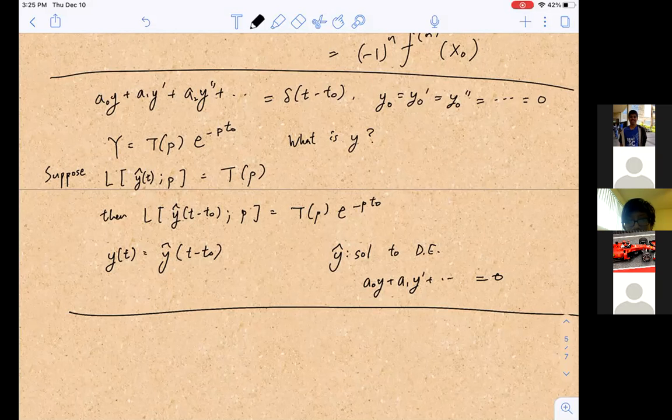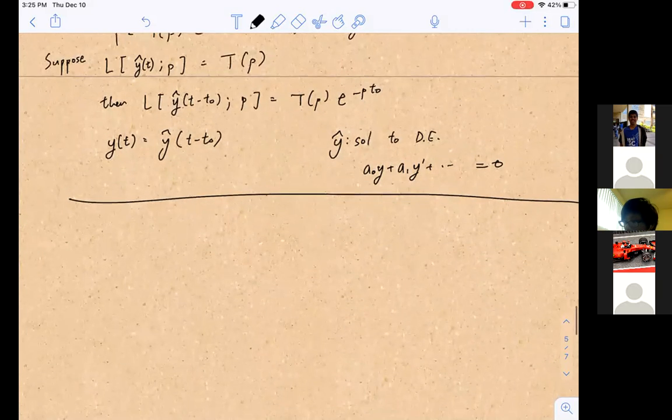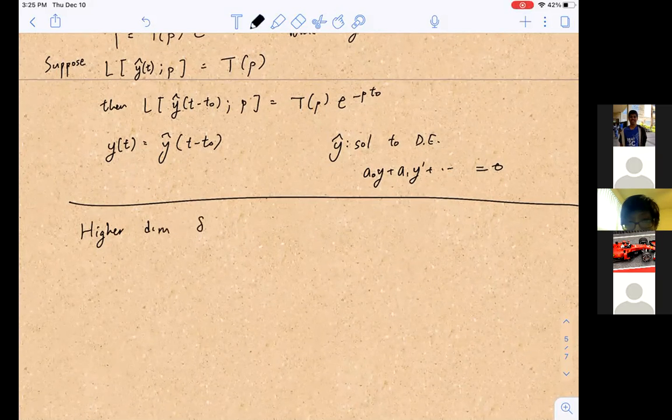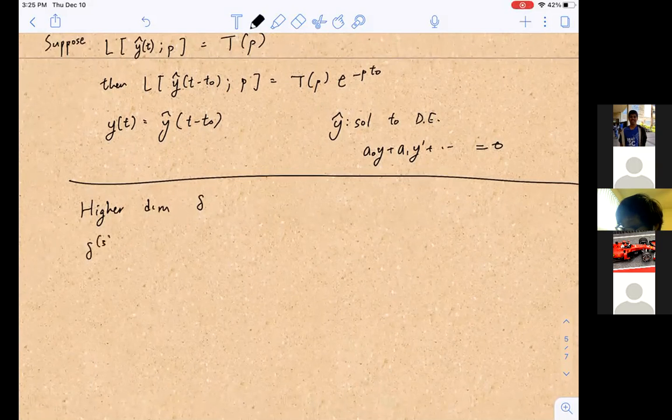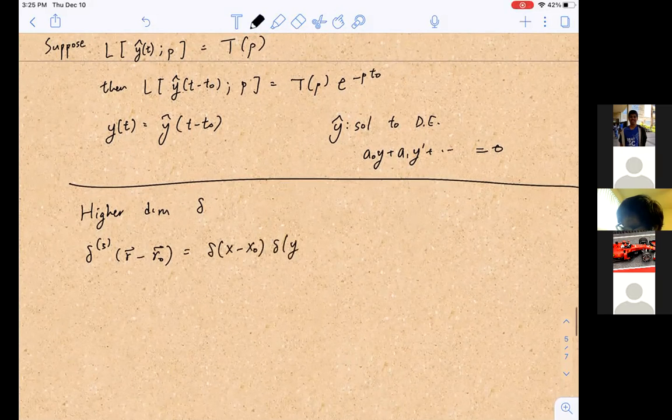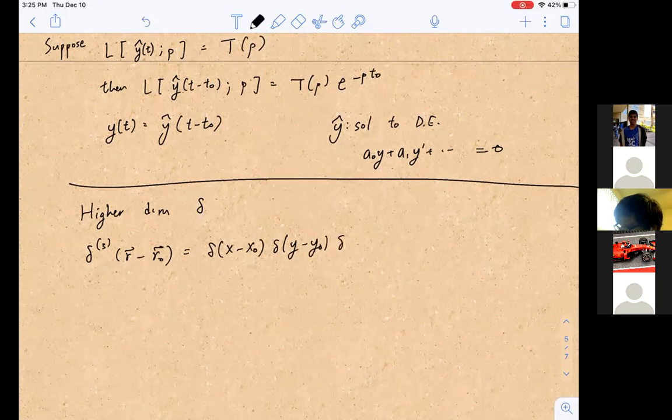Okay, so the final thing I'm going to say is the higher dimensional delta function. So you can write this now as a vector r minus r0, which is still a vector. This means delta of x minus x0 times delta of y minus y0 times delta of z minus z0. So it's a product of 3 delta functions.